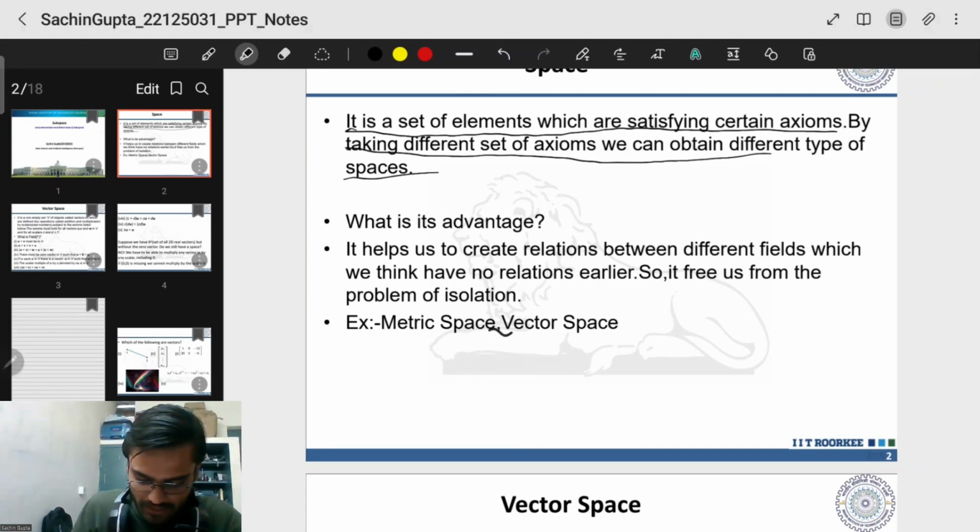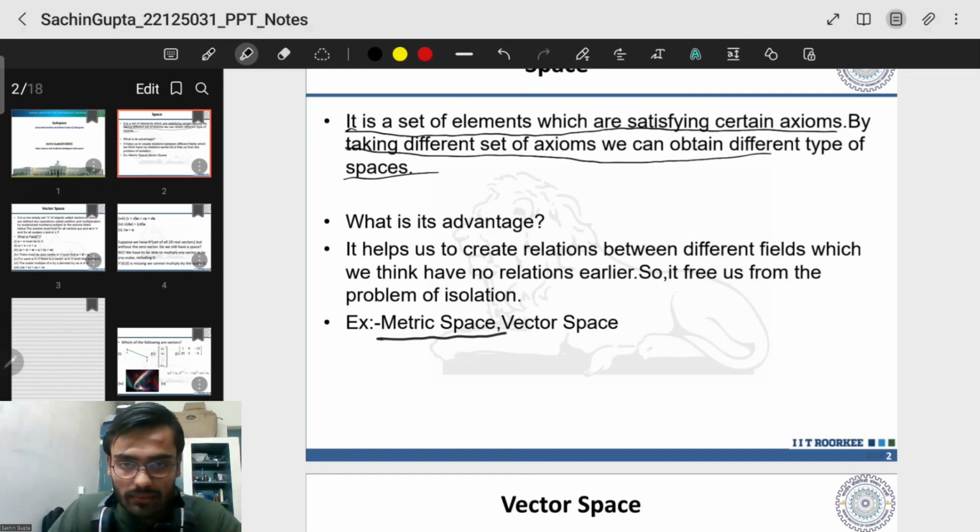Suppose there is a metric space and a vector space. In a metric space, we take some points, and the metric is like a distance. We take the collection of points, and there are certain axioms, like if the two points are the same, then the distance between them is zero. Like that we create the relationship between different sets of points.